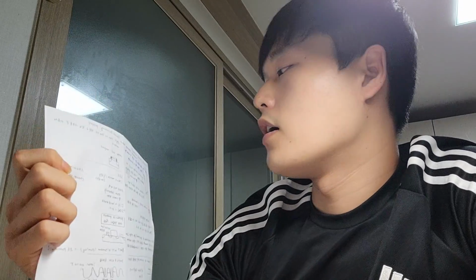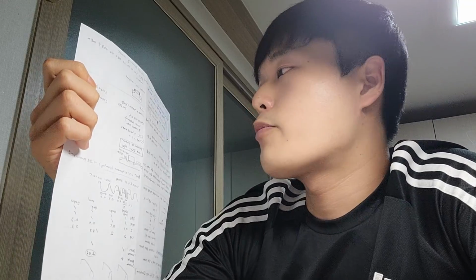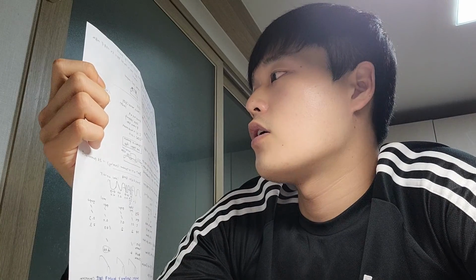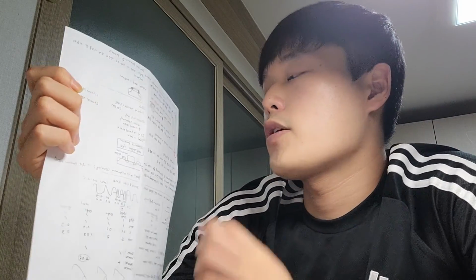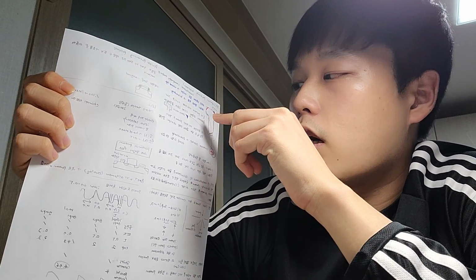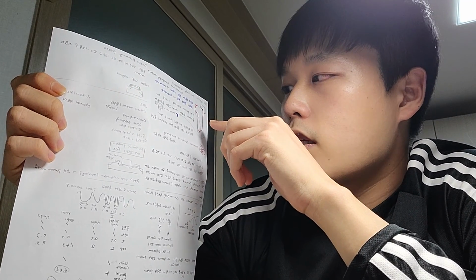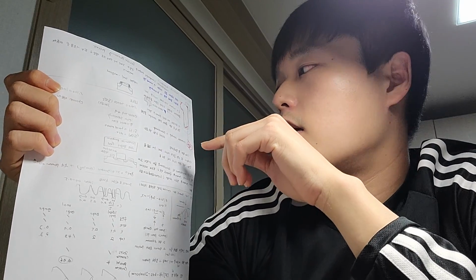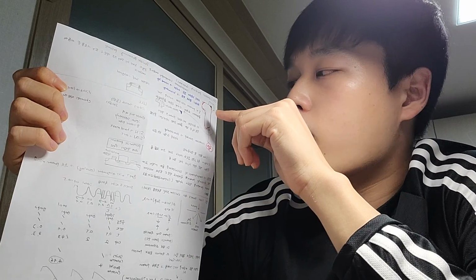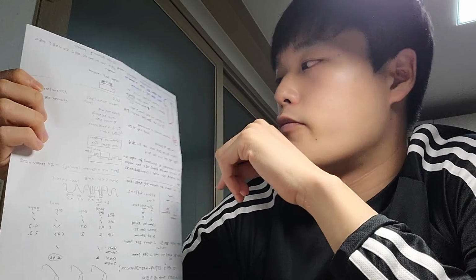Third is the OPC, optical proximity correction. This is a computational lithography technique. The pattern we want looks like this, but the real pattern looks like this red pattern.